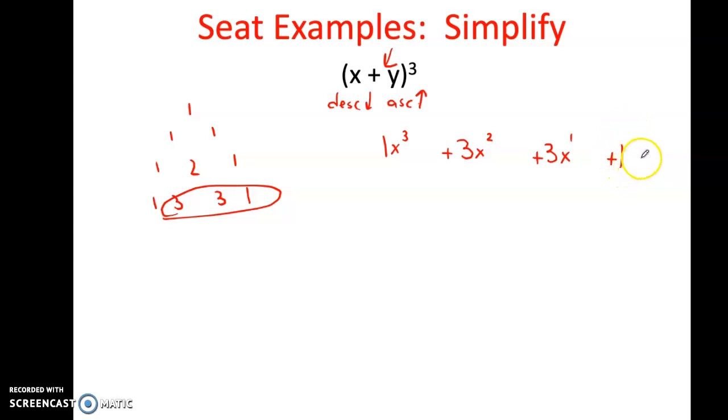I like to go from the right. And we're going to go y cubed, y squared, y, and y to the 0. So again, you're going ascending with y's, 0 to the first, to the second, to the third, and descending with x: cubed, squared, 1, and 0. We're going to do a bunch of these simple examples today, and tomorrow we'll amp it up a little more.